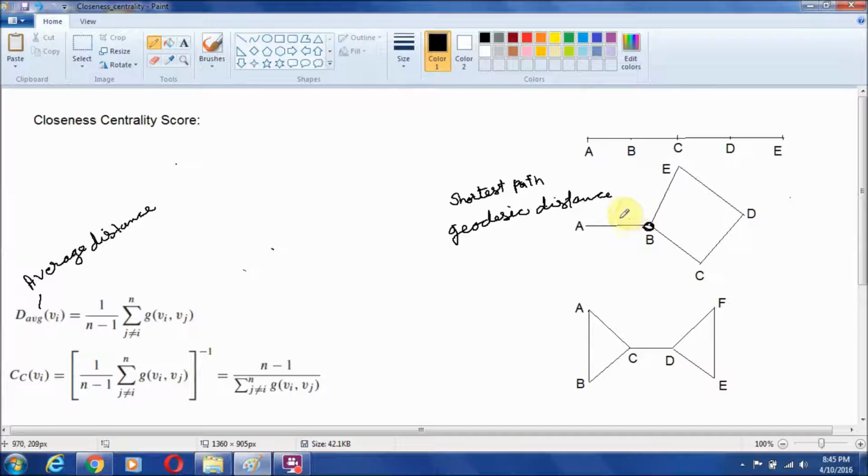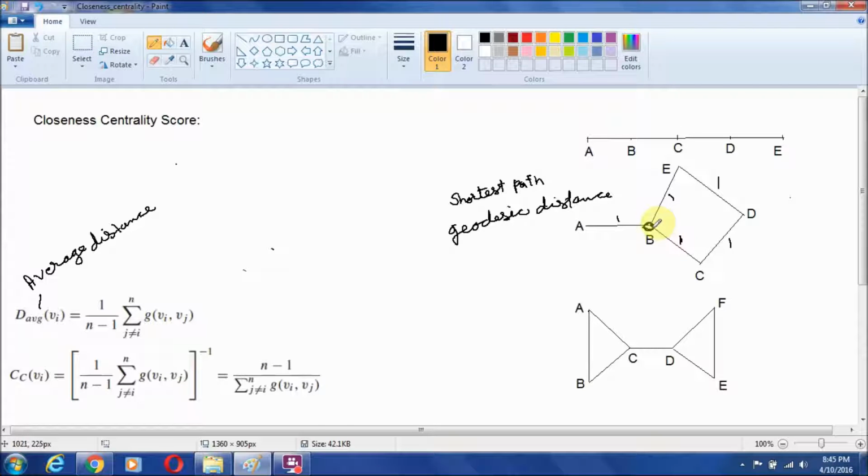Suppose the geodesic distance from A to B is 1, B to E is 1, B to C is 1, C to D is 1, and this is again 1.